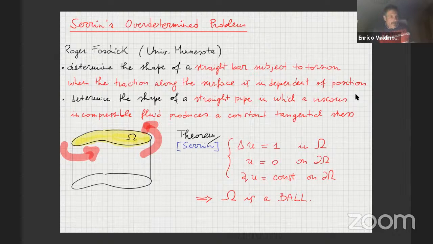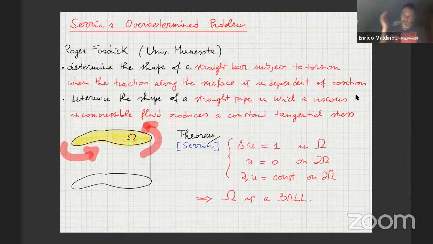So my modest opinion is that good mathematics is not the mathematics that closes a subject, it's the mathematics that opens a subject. So this guy Fosdick posed to Serrin the right question that opened a whole subject.